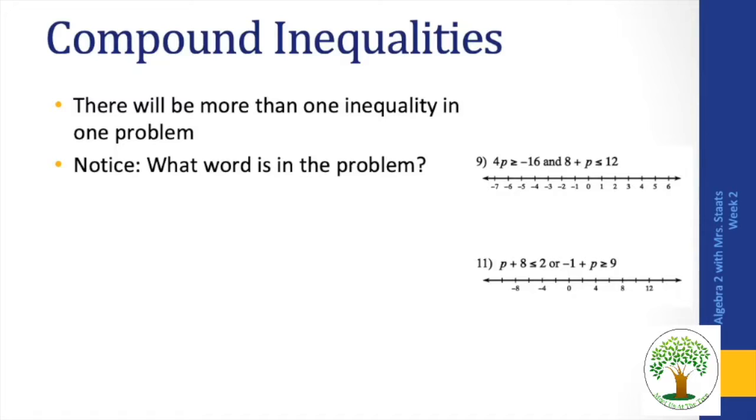We're putting two or more inequalities together. I've got the word and on this one and or on this one. I want you to make some observations about what and does and what or does in this equation. We're going to do number 9 and 11 together, and then we'll do a little bit more after that.